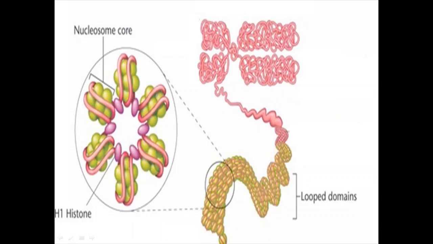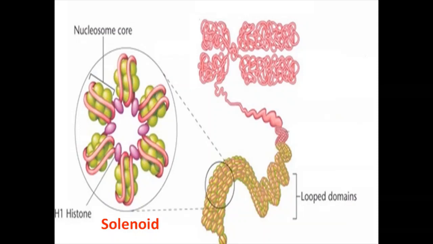Therefore, nucleosomes are further supercoiled to form a structure called a solenoid of 30 nanometer diameter. By this time, the DNA is folded about 50 times, but still it is not sufficient to fit DNA into a nucleus.